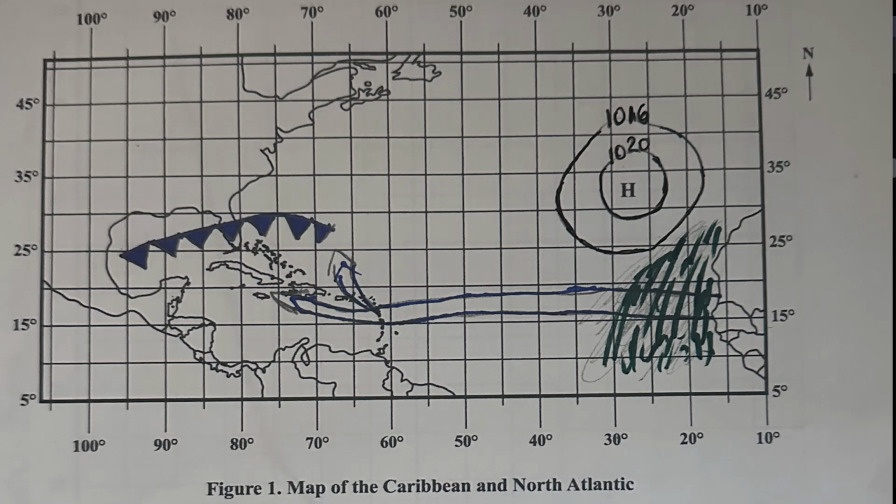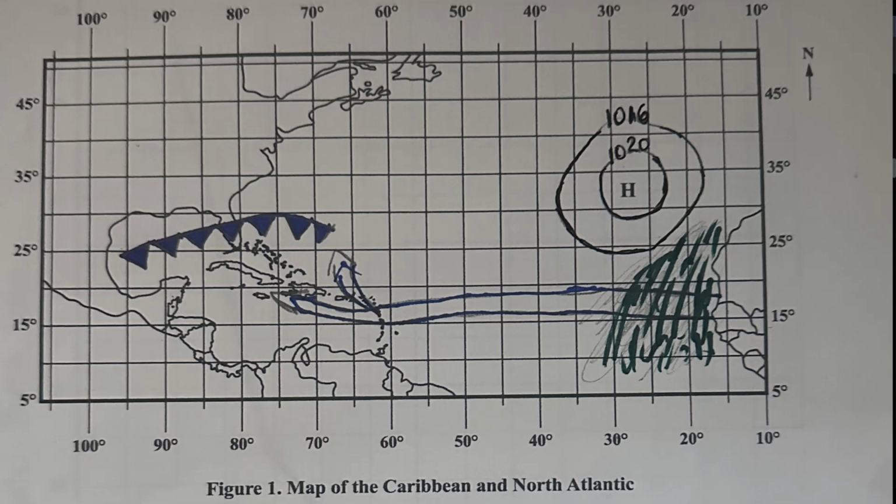The H in the middle represents a high pressure system, and whenever there's a high pressure system, the atmospheric pressure should be high, not decreasing. So inward, the atmospheric pressure should be increasing. So I have 1016, 1022, which means that in here it would be 1024 because I'm going up by 4. Once you were able to do this, that's 2 marks.